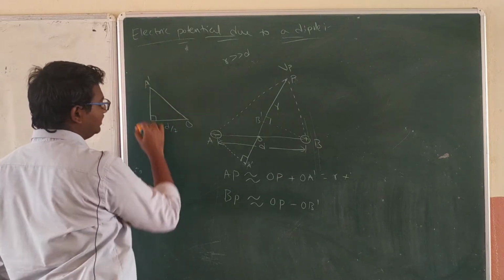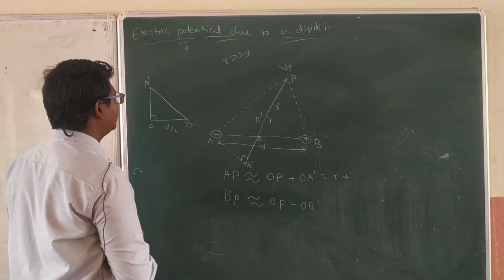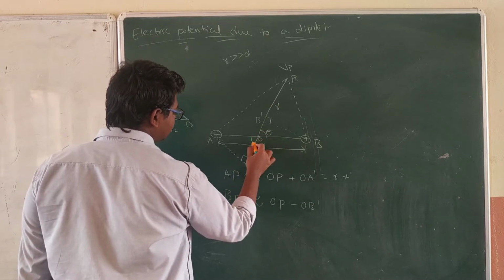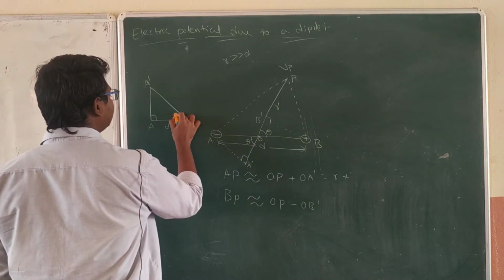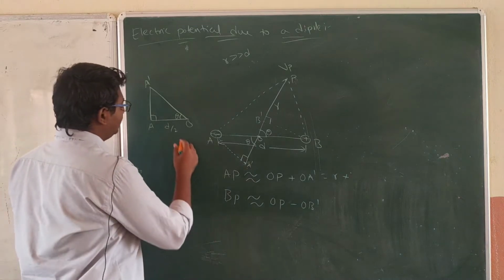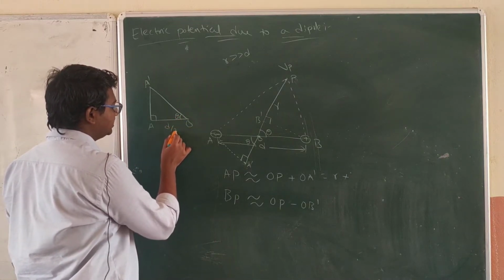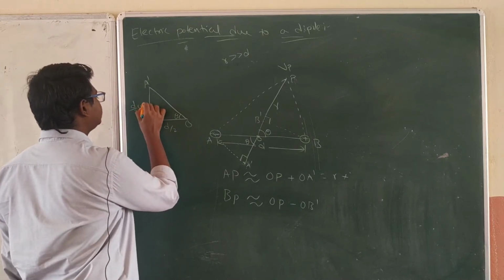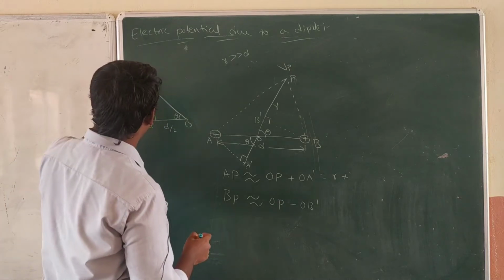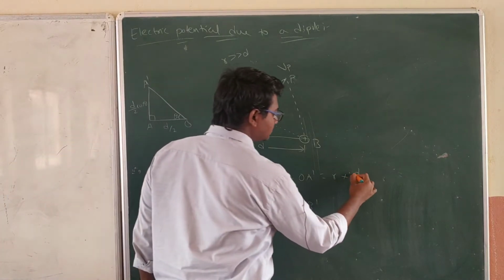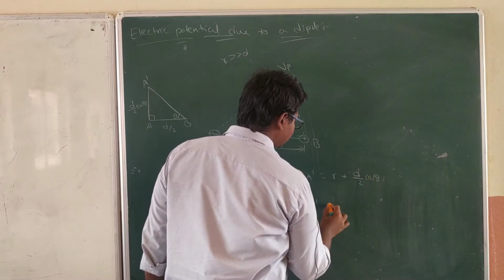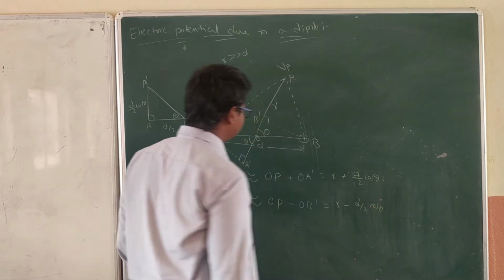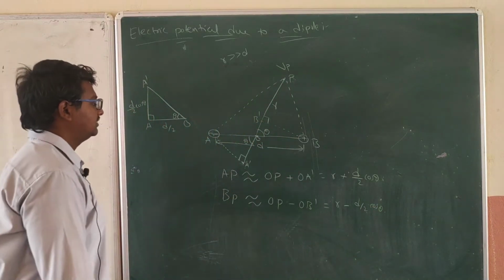And this length A to A dash we want. Let me consider the angle is theta. This is also an angle theta. As this angle is theta and this length is D by 2, this one will be D by 2 cos theta, right? It means A dash is equal to D by 2 cos theta. In the same manner, R minus D by 2 cos theta we will get for BP.